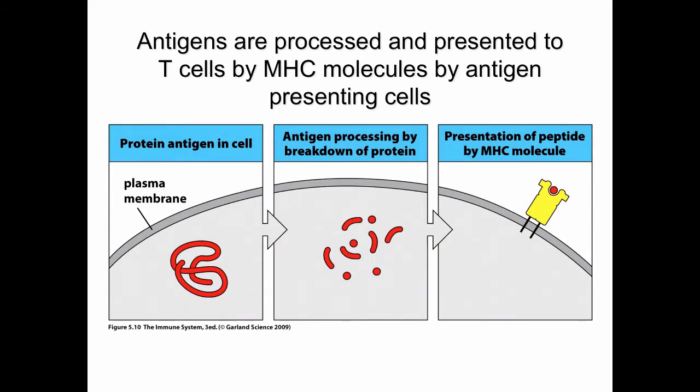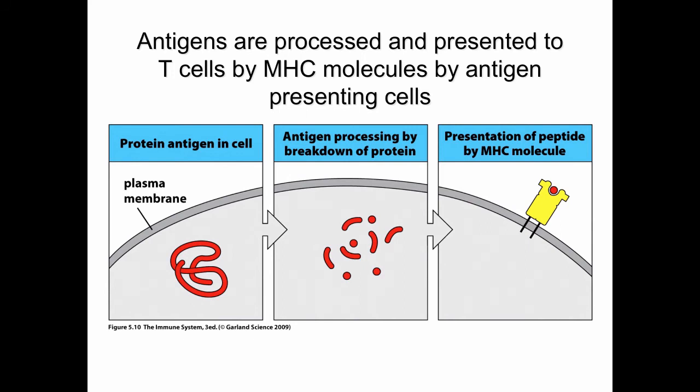And so how do these peptides get presented by these MHC molecules and by these antigen-presenting cells? This is just a cartoon to show you a very simplistic view of how this works. This would be one antigen-presenting cell, and in this case it has within its cytoplasm a protein. The protein gets degraded into peptides, and that degradation step is called antigen processing.